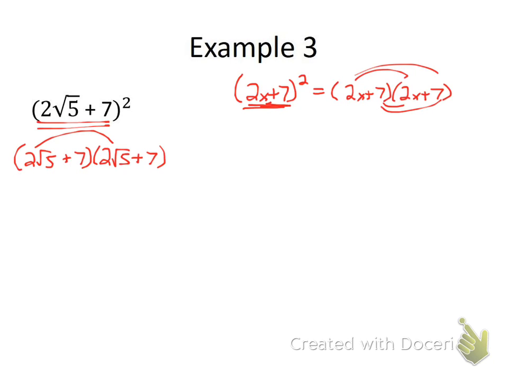So first I have, hopefully, I'm going to expand it out. I hope this doesn't look confusing to you. But basically, I'm going to start with 2 roots of 5 times 2 roots of 5, which is this first distribution, okay? And then I'm going to add that to 2 roots of 5 times 7.